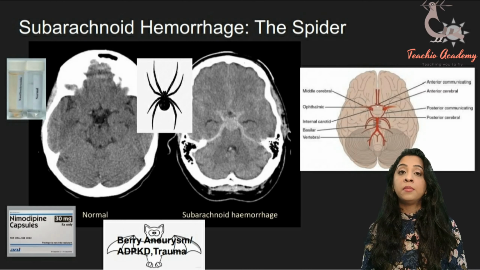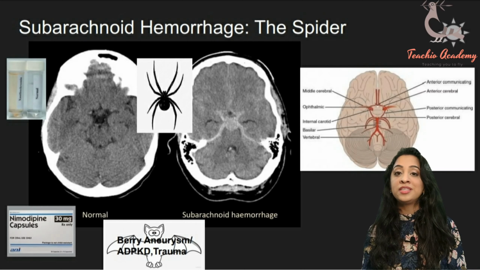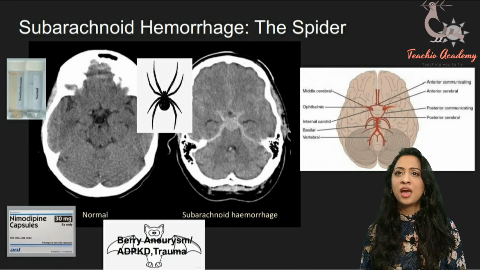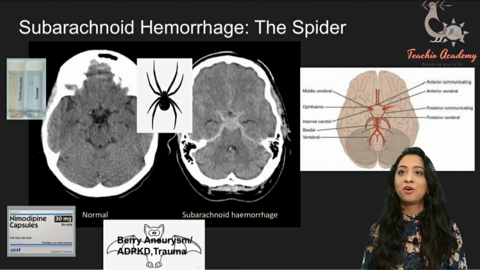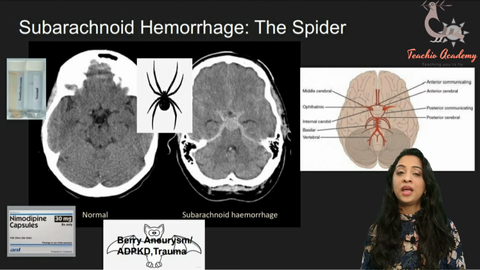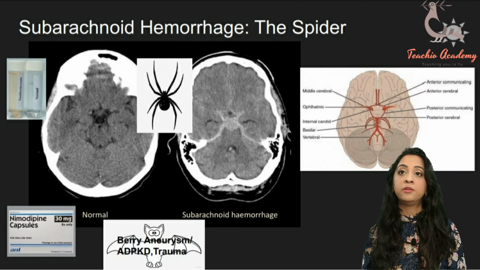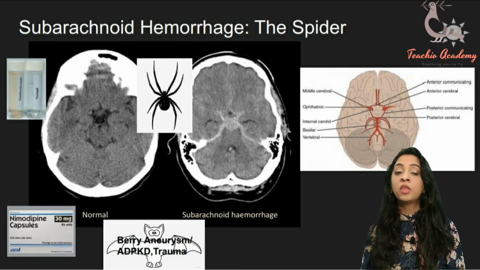Now, they might tell you in your anatomy books that it's related to the circle of Willis. The way that I try to remember the image in my mind is that I just remember this image. I'm not really looking at the labelings of anything else, but I just see that the location of the circle of Willis is very similar to where the spider is sitting.